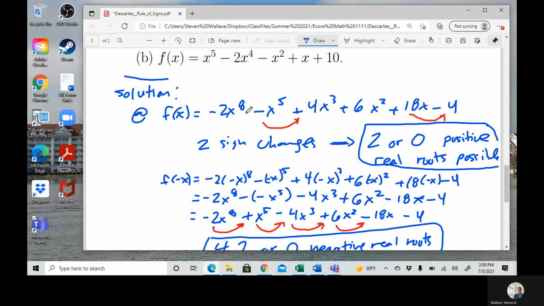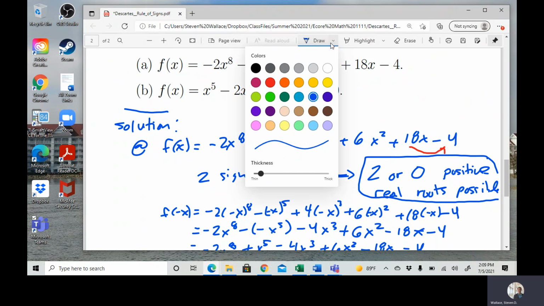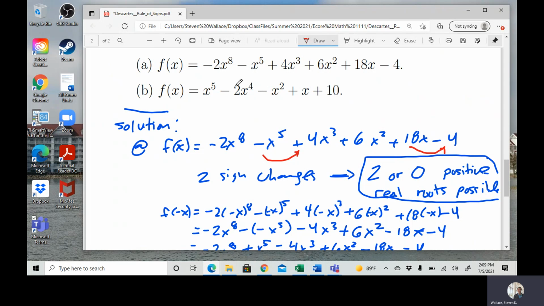And if we look at this one here, I'm going to do this sort of quickly now that we've seen it done once. So let's see. If I do f of x here, I get 1, 2 sign changes.